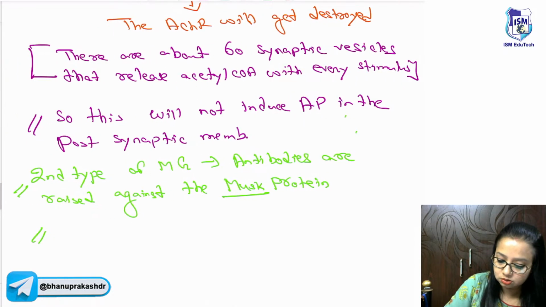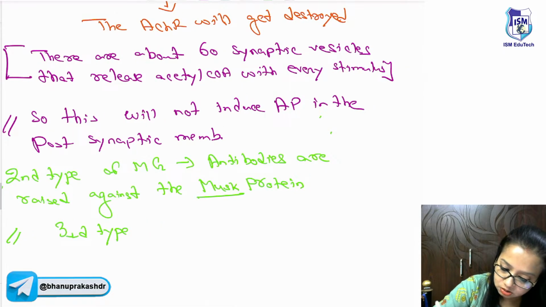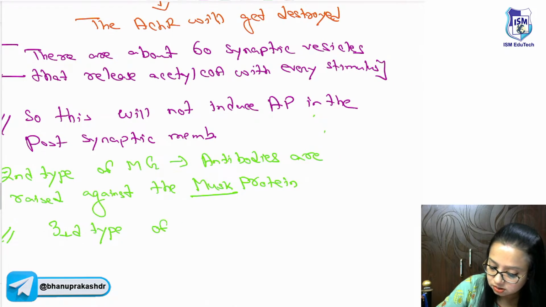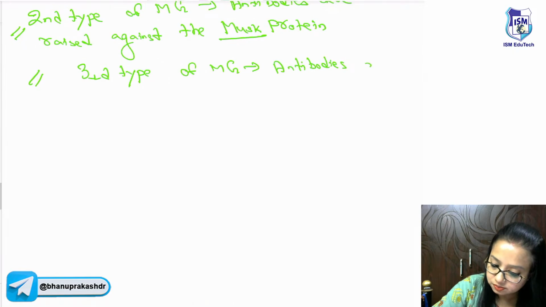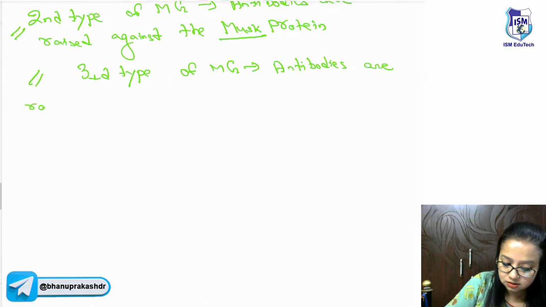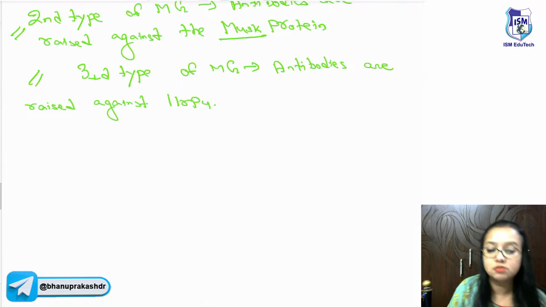The third type of myasthenia gravis, here the antibodies are raised against another cluster protein, that is low density lipoprotein 4.